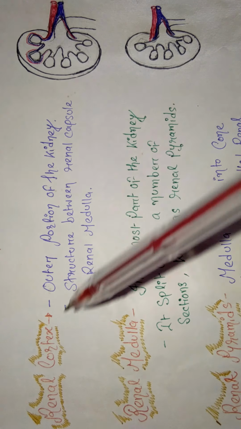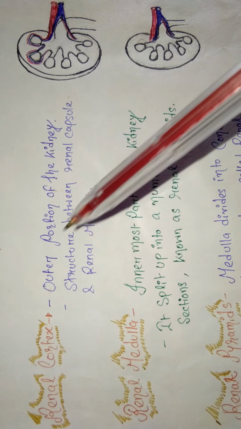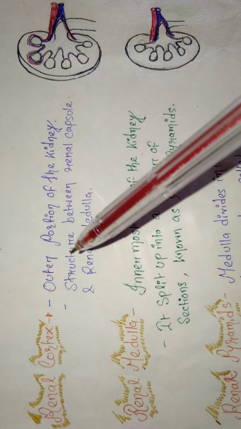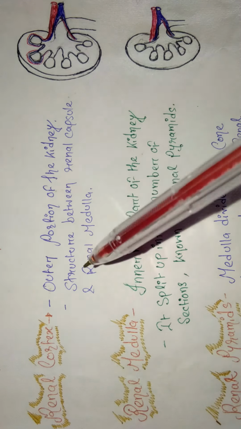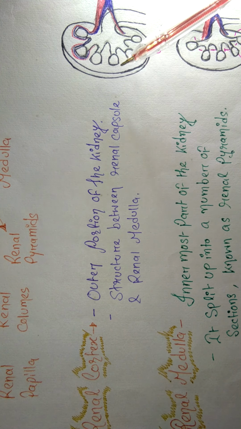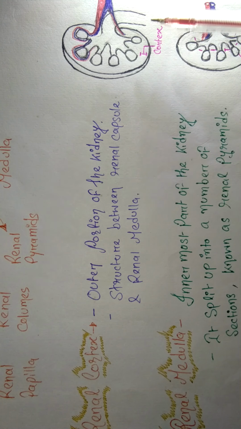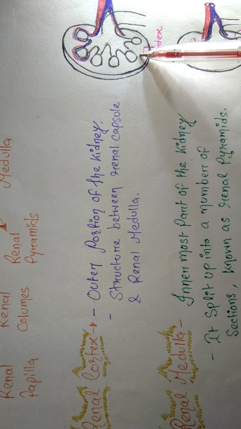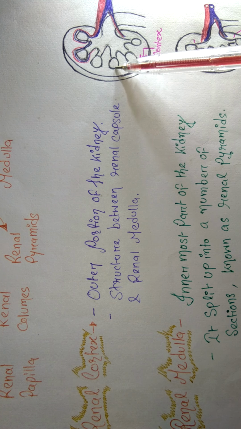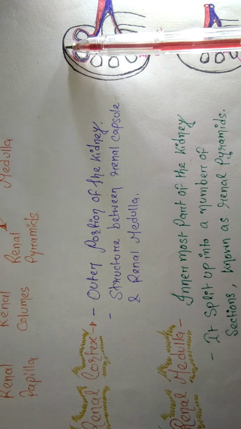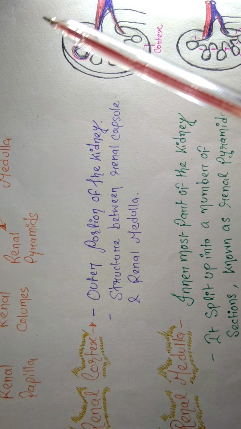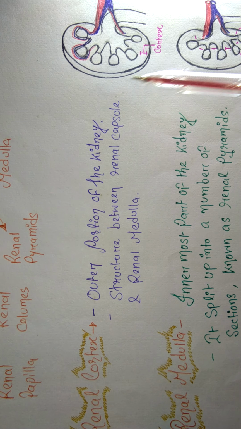At first, the renal cortex. The renal cortex is the outer portion of the kidney, the structure between the renal capsule and the renal medulla. If we cut our kidney in half and see inside, it will look like this.